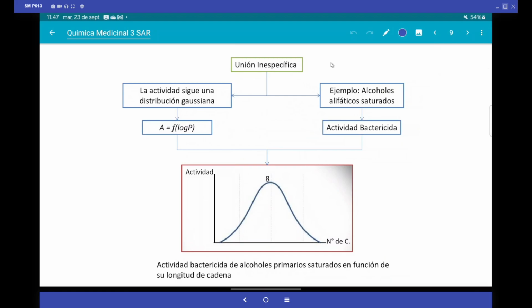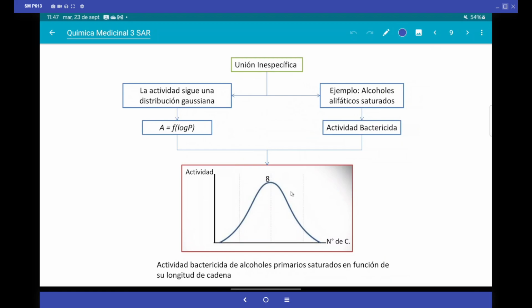For example, the general anesthetics alter the membrane, and so do drugs such as surface antiseptics. Remember the quaternary amines. They are all non-specific agents that alter the cell membrane and produce a chemical-physical change, with a response that in this case could be a bactericidal activity.